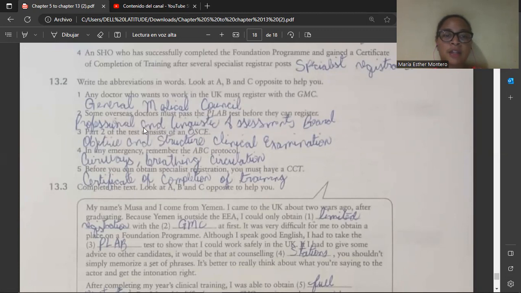Part 2 of the test consists of an OSCE, Objective Structured Clinical Examination. In any emergency, remember the ABC protocol: airways, breathing, and circulation. Before you can obtain a specialist registration, you must have a CCT, Certificate of Completion of Training.